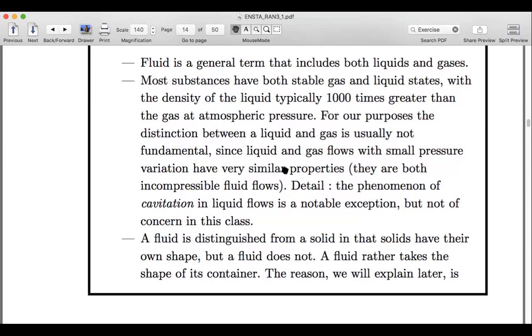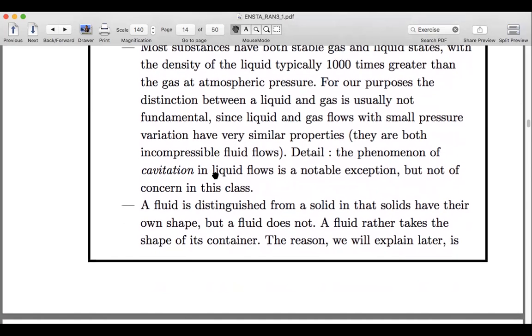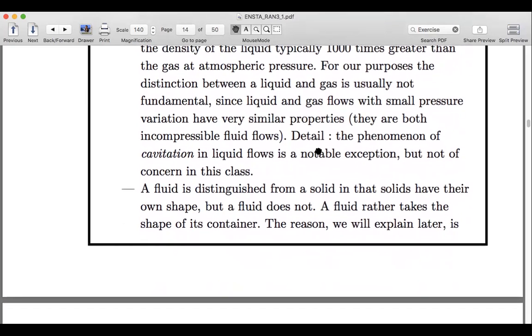As I say, the distinction between liquids and gases is really not important for fluid dynamics. They both are very similar for incompressible flows. I guess just to give an exception, the phenomenon of cavitation happens in liquids, but not in gases.